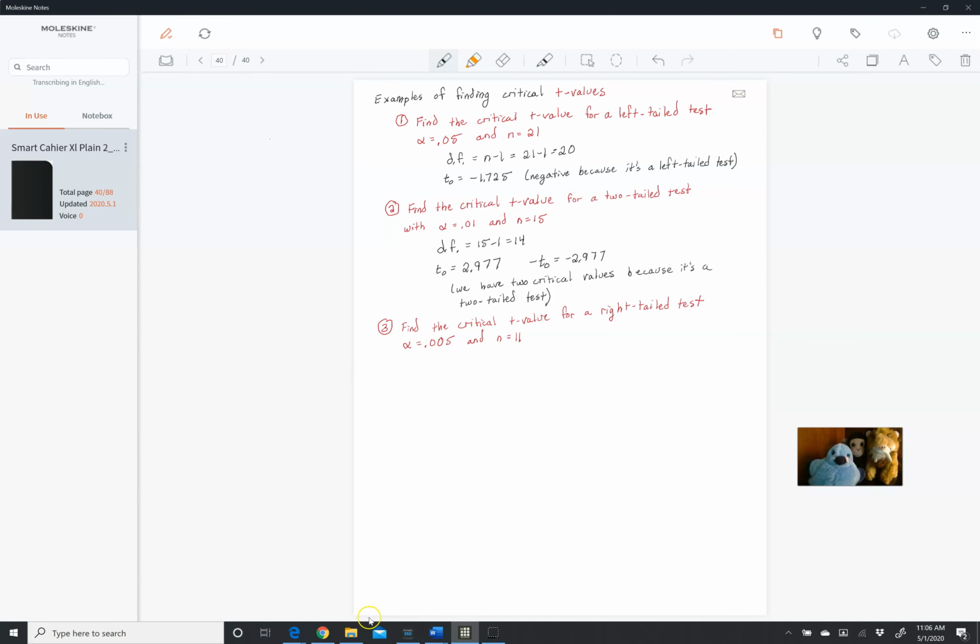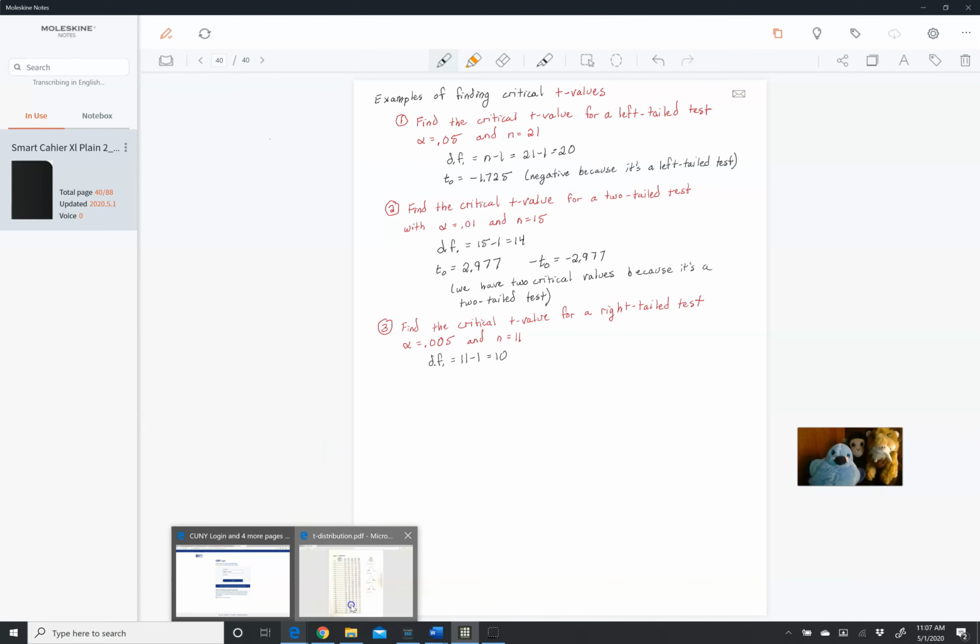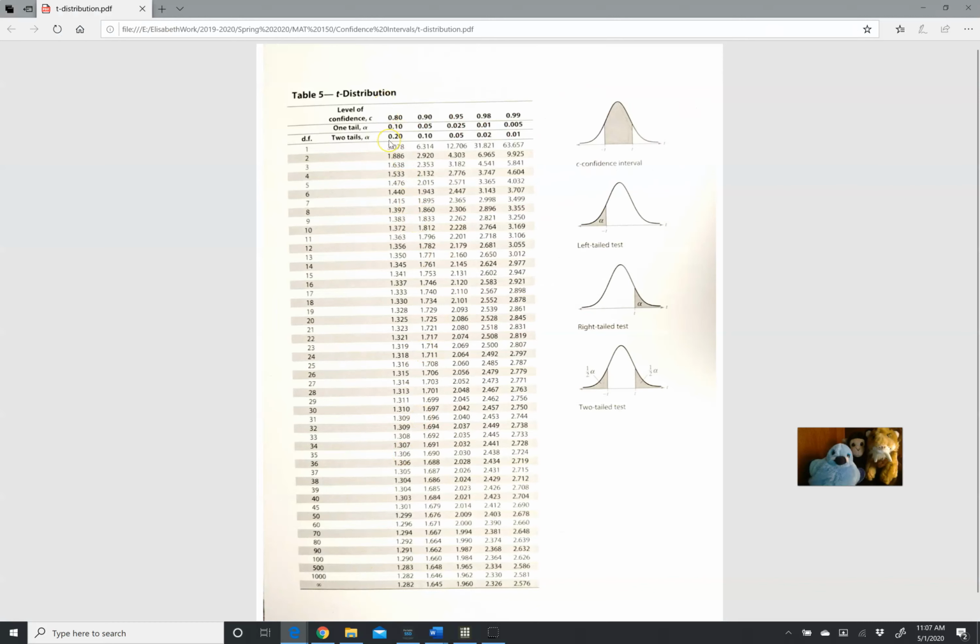So let's go to the T-chart again. Even before we do that, we have to find our degrees of freedom. Our degrees of freedom is going to be 11 minus 1, or 10. Here this is a one-tailed test, so we go to the one-tailed row and look for 0.005, which is this last column here.